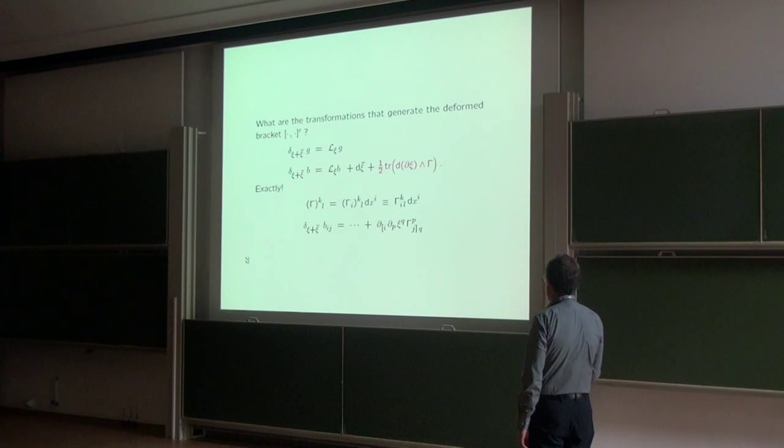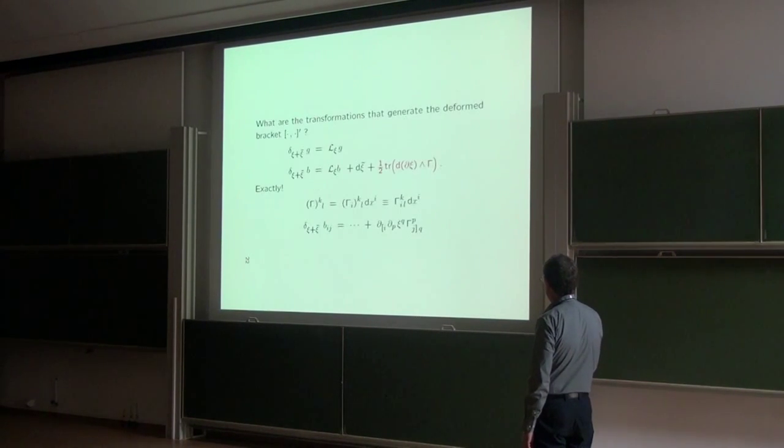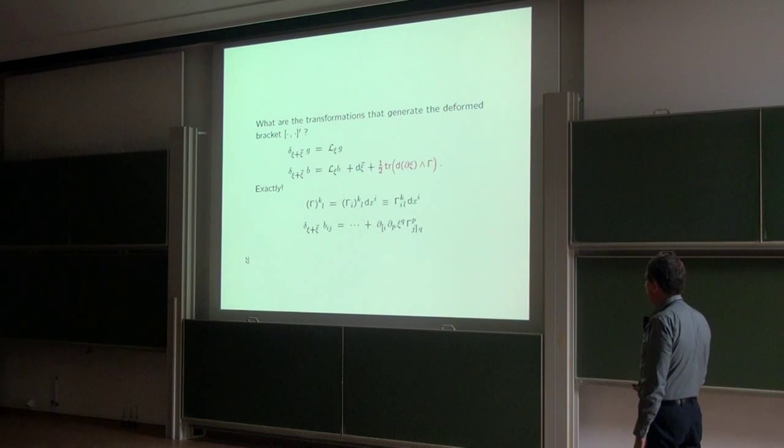So this theory that we've written has this deformed bracket, and this deformed bracket would come from deforming gauge transformations in this way, and you should ask, have we seen this in physics before?